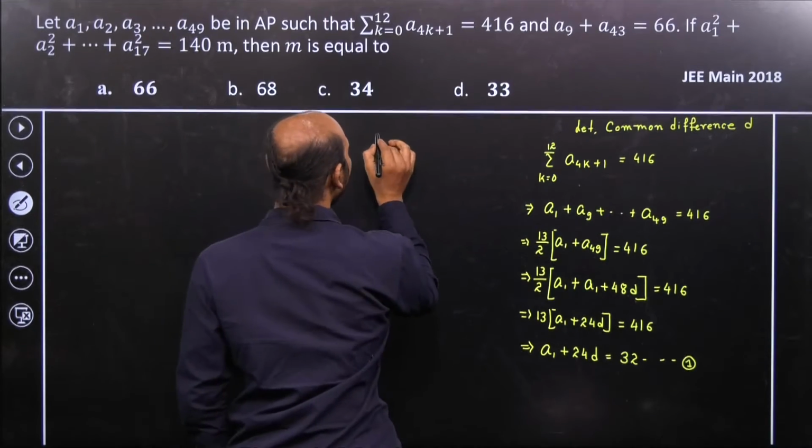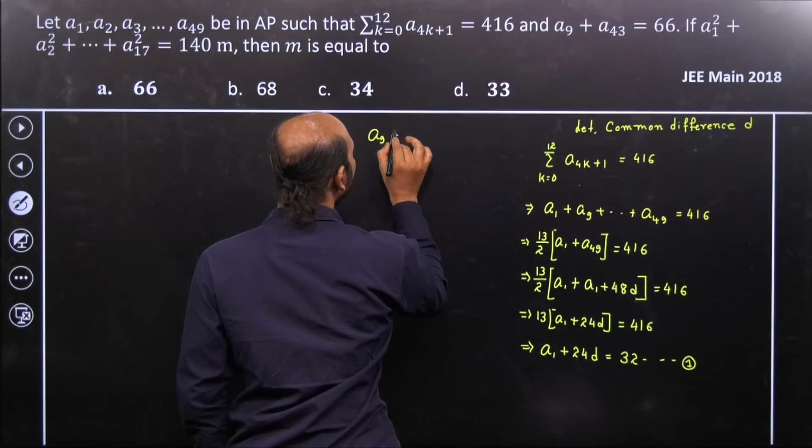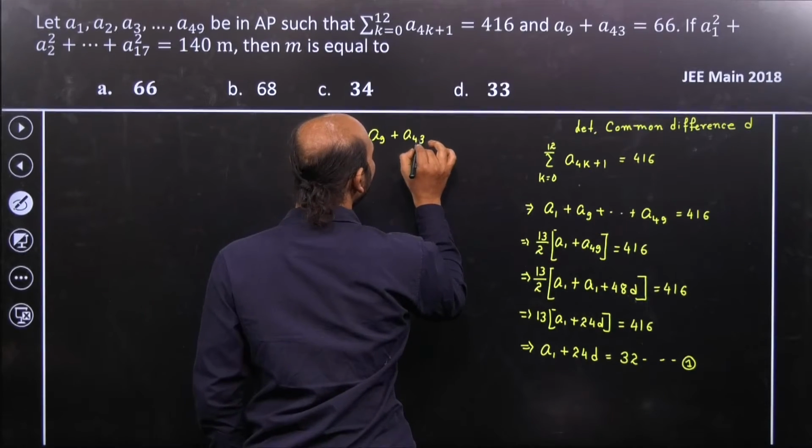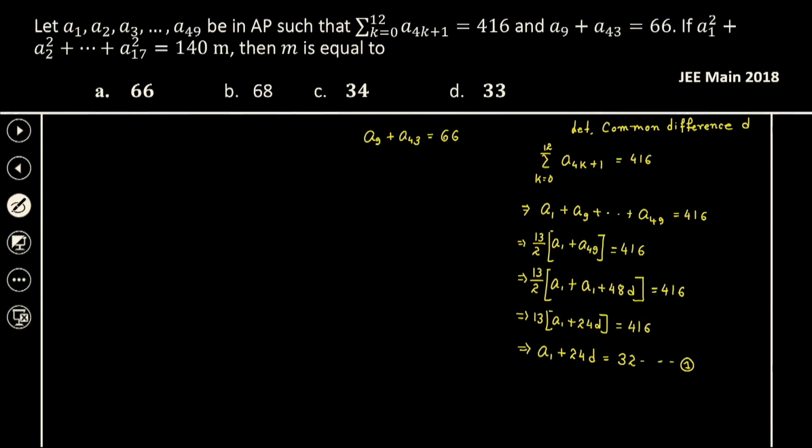Here it is also given that A9 plus A43 is equal to 66. A9 is A1 plus 8D and A43 is A1 plus 42D, which gives you 66. That implies 2A1 plus 50D equals 66. Dividing both sides by 2, we get A1 plus 25D equal to 33.